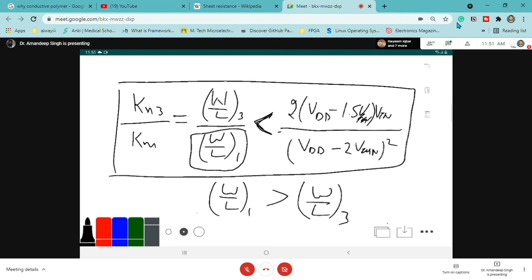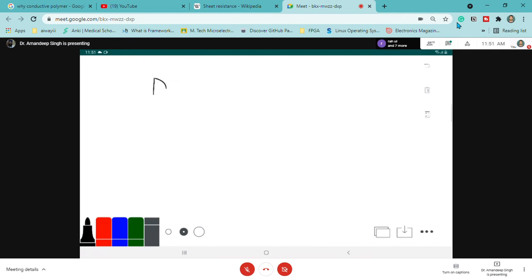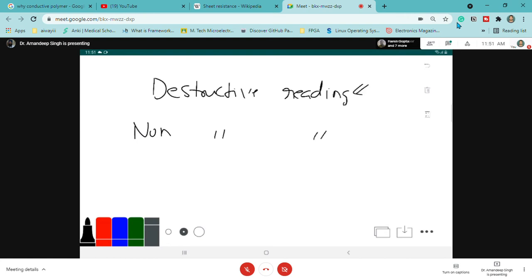So this is your condition. This is your scaling rule in order to read successfully. Or let me tell you another technical word. One is called destructive reading, and the second is called non-destructive reading. Destructive reading is that reading in which, when we read the data, after reading, your data gets corrupted.